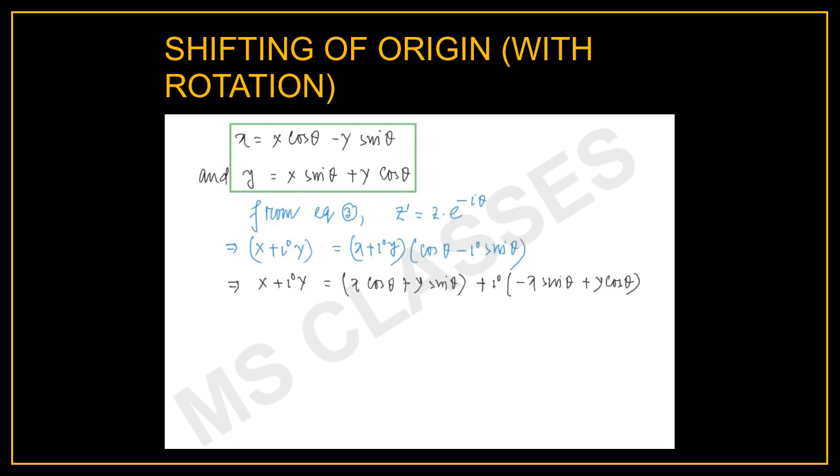Now on comparing the real part and imaginary part, we get capital X equal to x cos theta plus y sin theta. And on comparing the imaginary part, we get capital Y equal to minus x sin theta plus y cos theta.